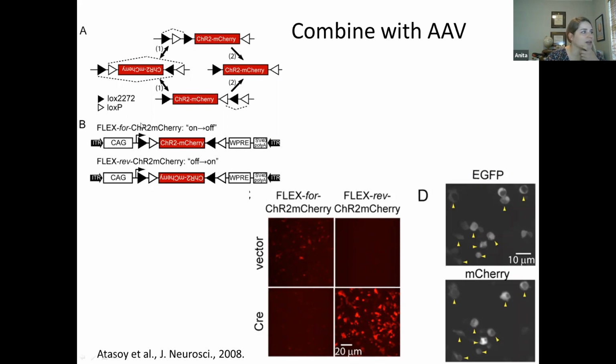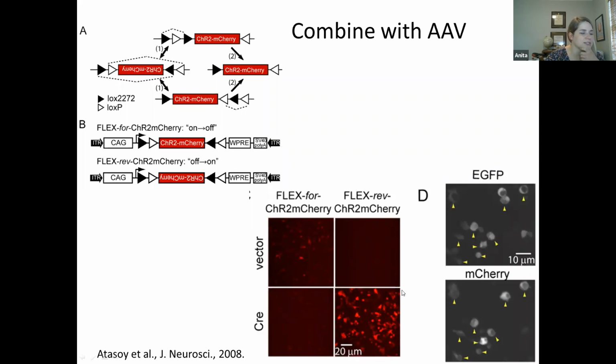flex led to expression and turned it off. Sorry, it was on and it turned off. So this is what flex 4 means. And then flex rev means that it turned it off. So in this case, it would flip into the correct orientation in the presence of CRE.